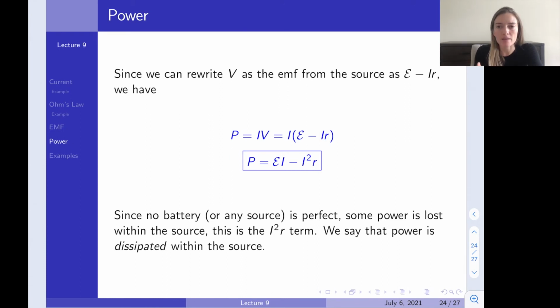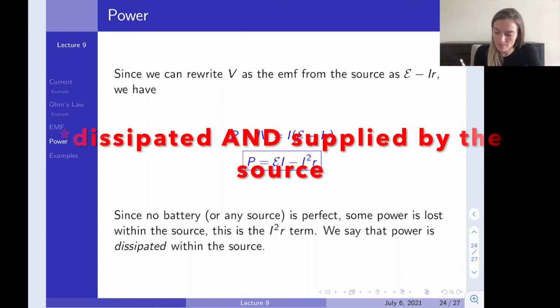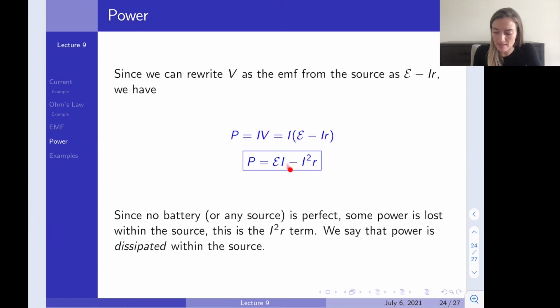This is the power that's dissipated within the source, and that's this little negative term here. So this is the power that's lost in our battery, and this is the power that the battery supplies. The positive term is power that the battery supplies. The negative term is the little bit of power that's lost to the internal resistance.